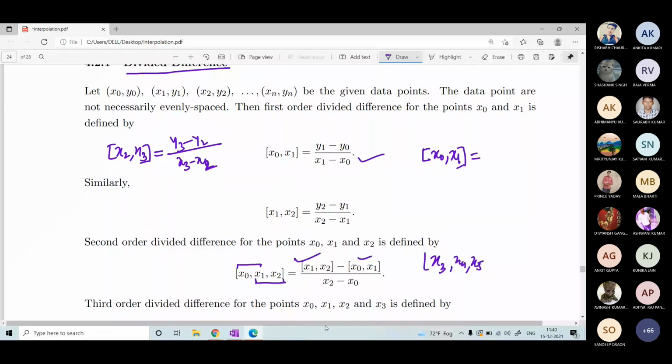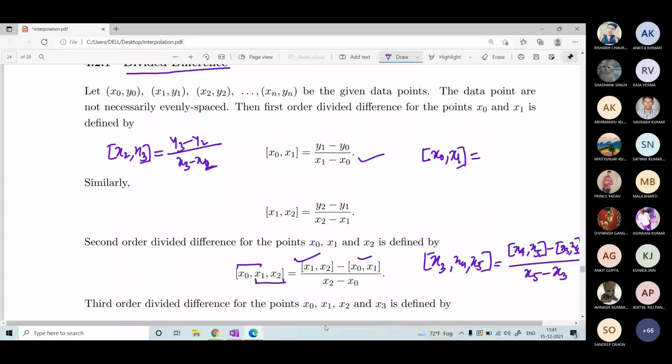The divided difference of x4, x5 minus the divided difference of x3, x4, by x5 minus x3. Okay, this is how you define it.